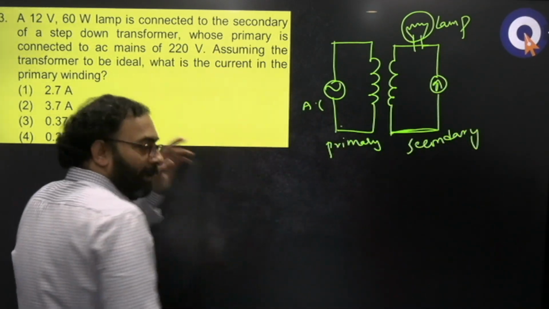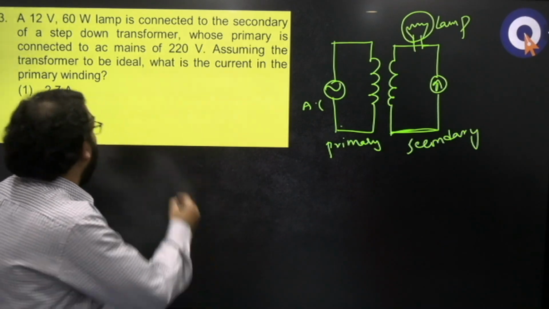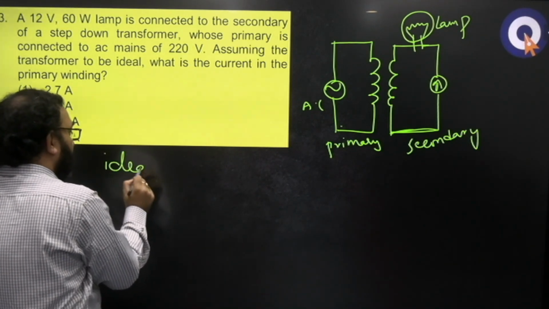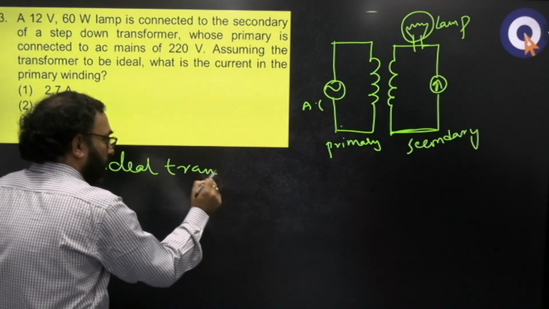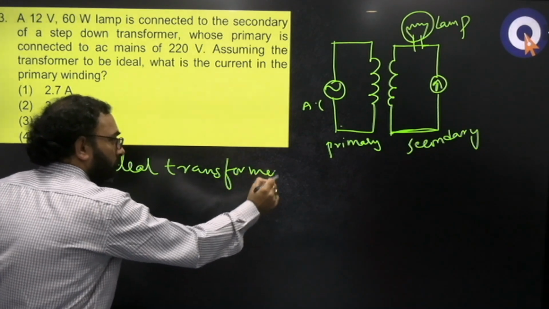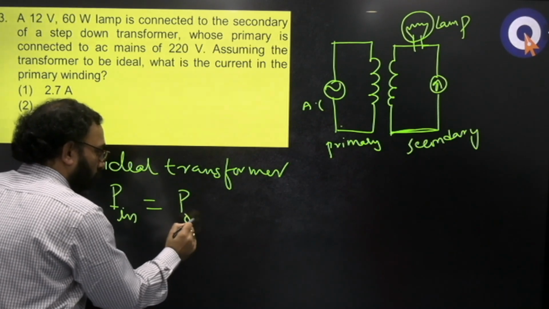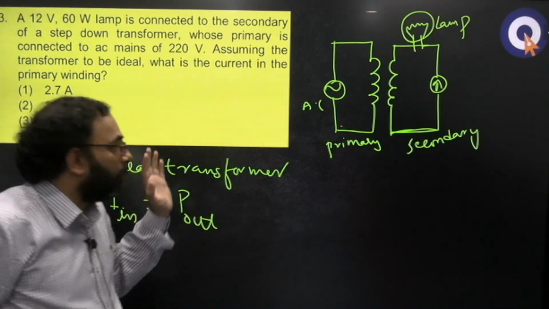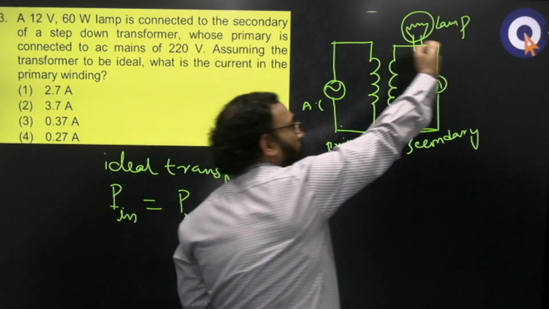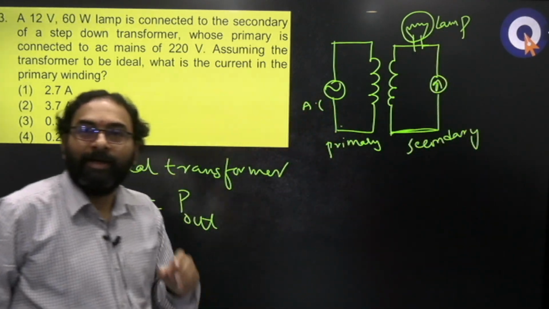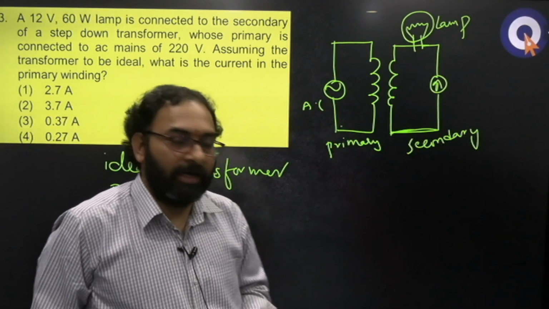Now ideal transformer means what? Ideal transformer means input power should be equal to output power. The input power which we give should be equal to the output power. That is the main definition of ideal transformer.